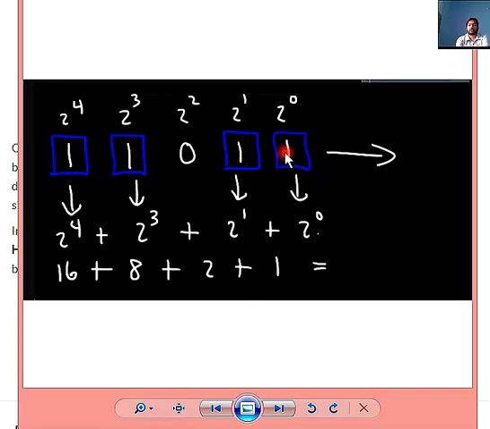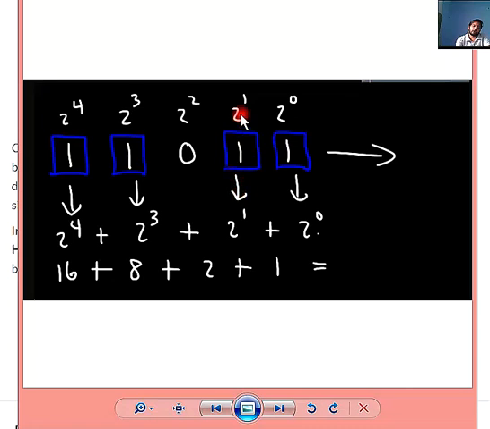First count the digits: 1, 2, 3, 4, 5. Then we start from 2 to the power 0, 1, and so on. When we have 2 to the power 0, its value is always 1.